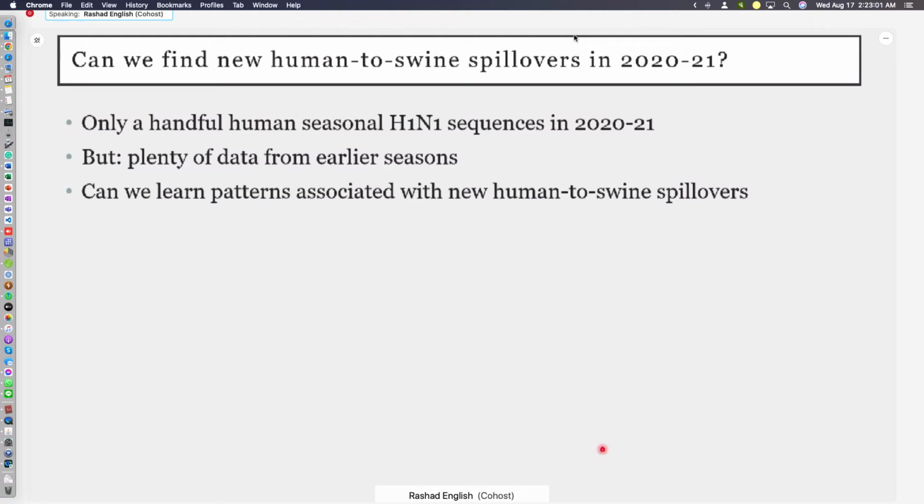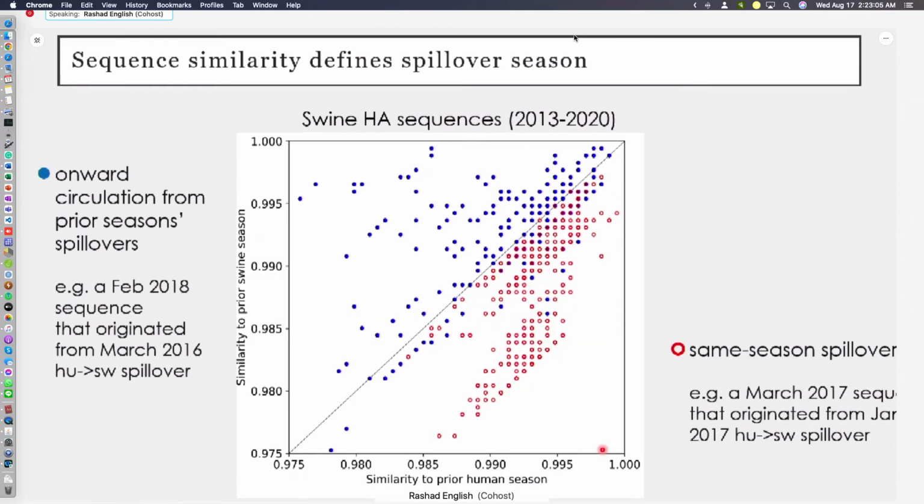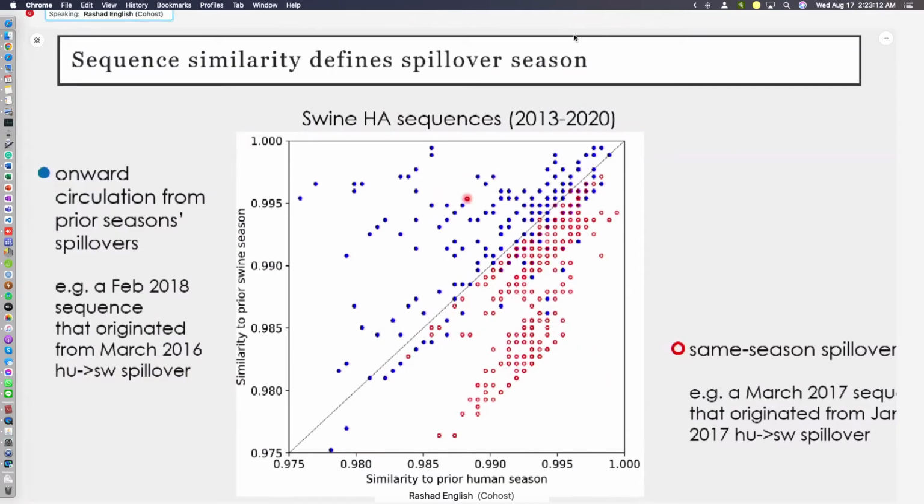We tried a few machine learning approaches, but eventually what worked was a simple rule that we were able to find. And this is it. Here I'm showing you on a plot historic HA sequences, pdm19 sequences from pigs, collected between 2013 and 2020.